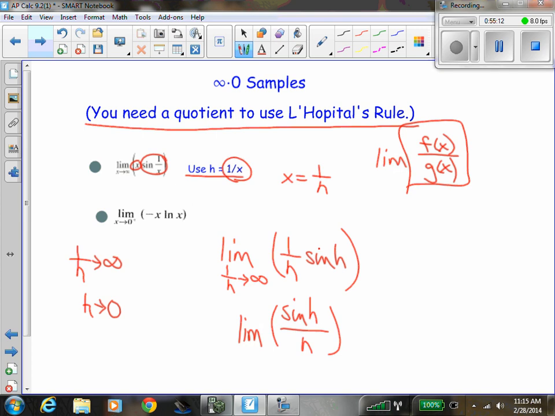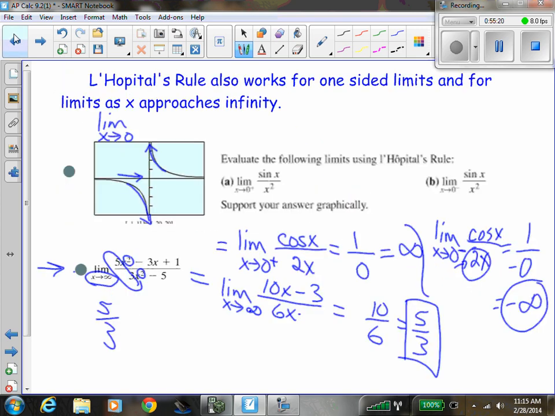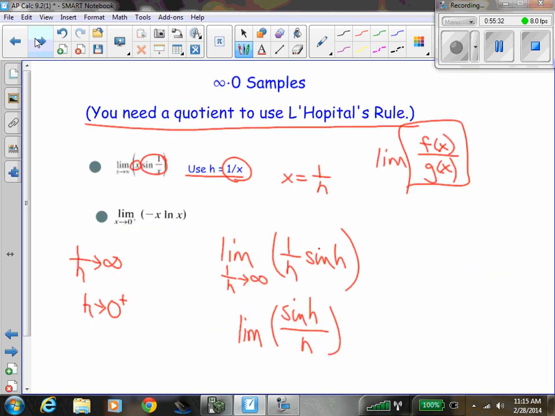So we could write here, it's approaching 0 from the positive side. Just in case we run into a circumstance, like, do you remember in this problem here, it mattered whether we approached 0 from the positive side or the negative side? Okay, so we would say there we're approaching 0 from the positive side. All right, so here we could just put h approaching 0 from the positive side.